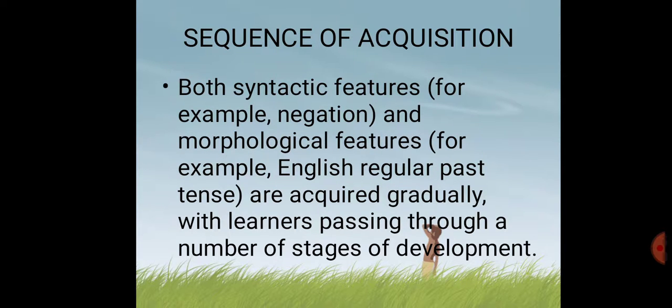And then the second is about sequence of acquisition. Both syntactic features, for example negation, and morphological features, for example English regular past tense, are acquired gradually, with learners passing through a number of stages of development.